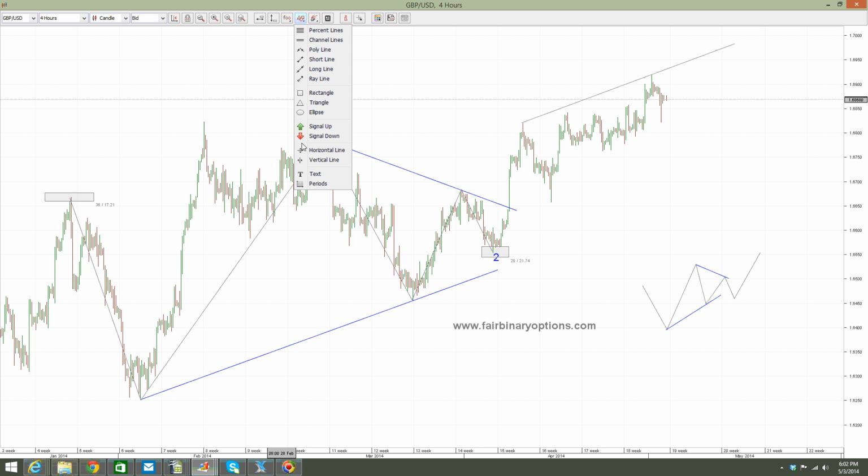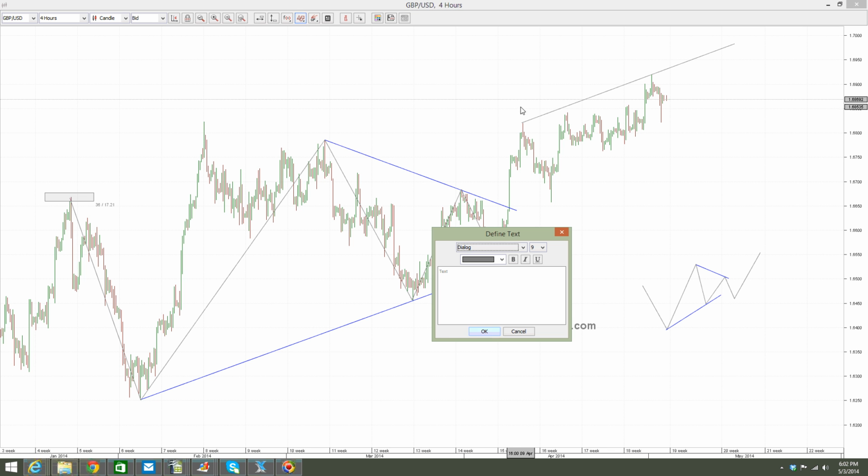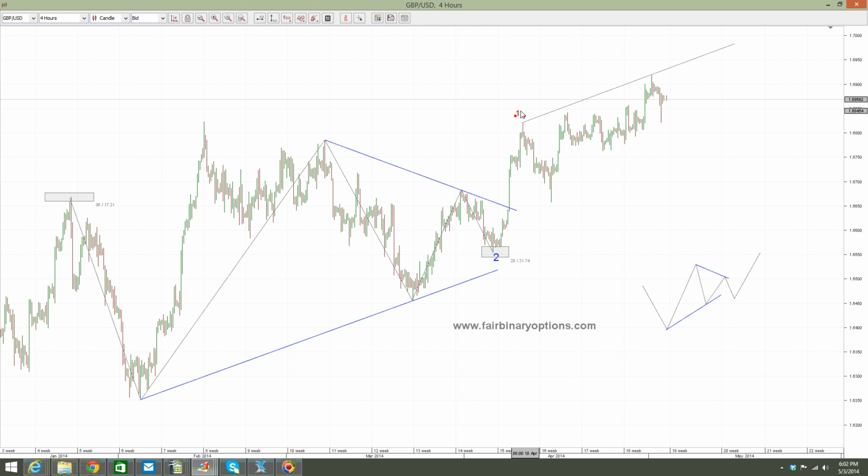And then what we are witnessing here is a first wave, of course, of a lower degree, here at the end of the 5-wave structure. Then the second wave ended around here, or maybe here, somewhere like this.